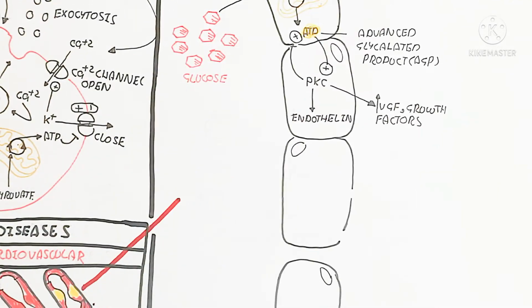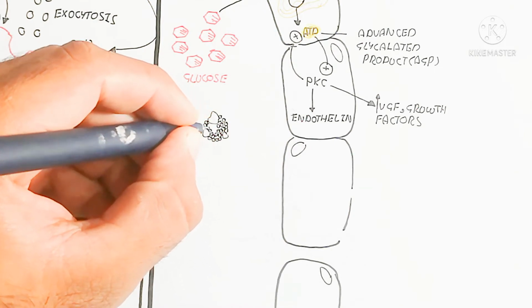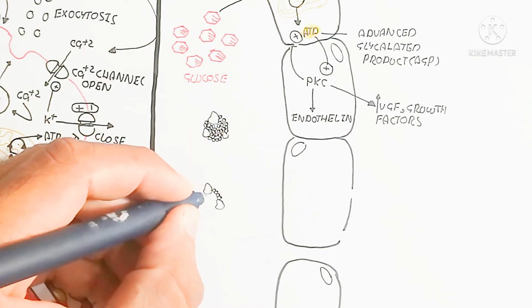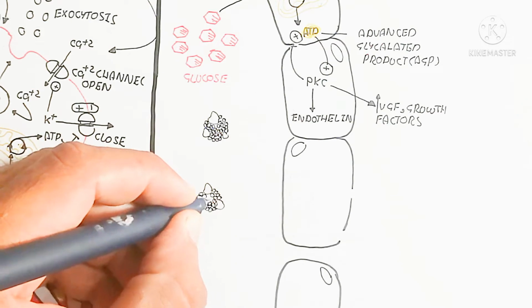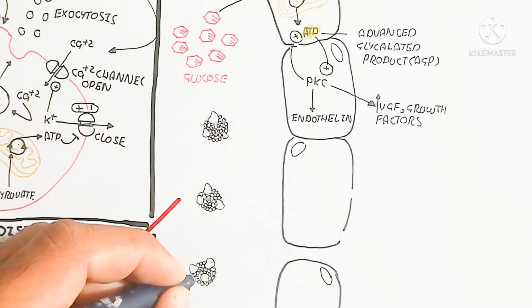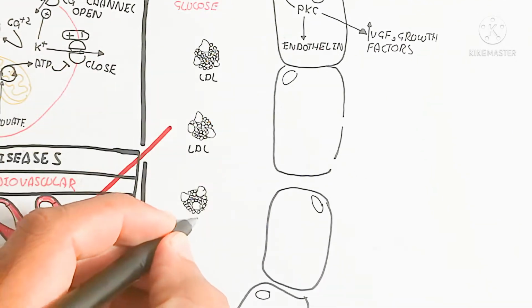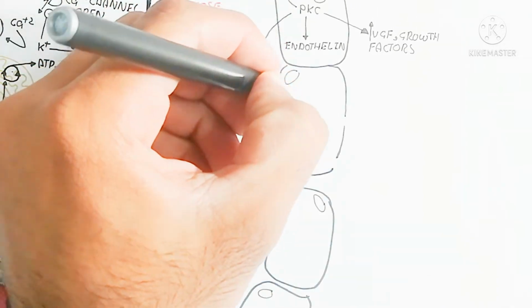Here in the lumen, low density lipoprotein is present. The whole circulatory system contains low density lipoprotein, because lipolysis is occurring, which increases low density lipoprotein.